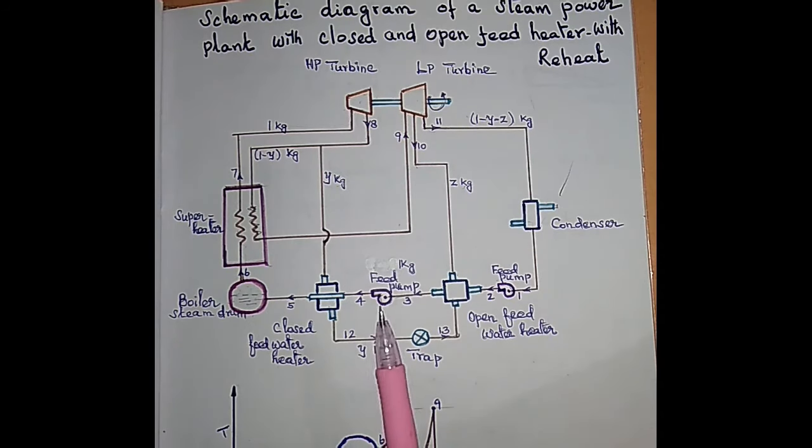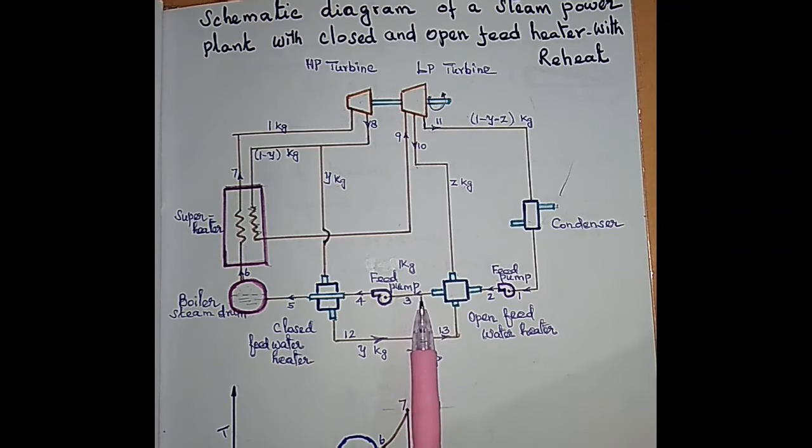Here in this diagram, I have shown you two types of feed water heater. One is called the open feed water heater and another one is called the closed feed water heater. The purpose of heating the feed water, I will get into that later.